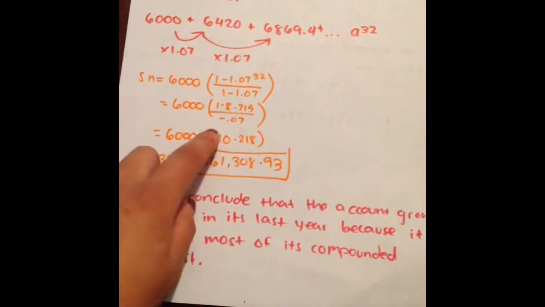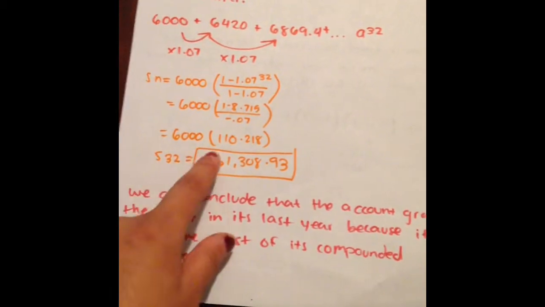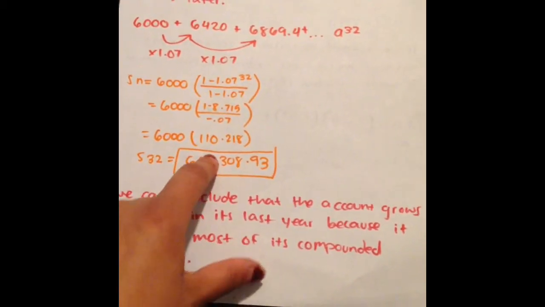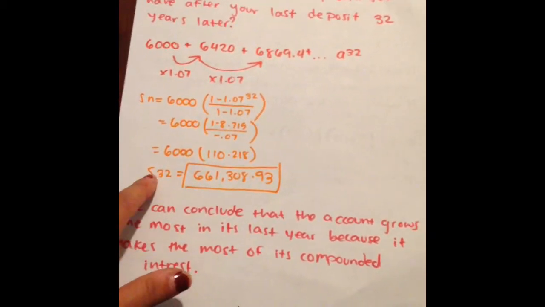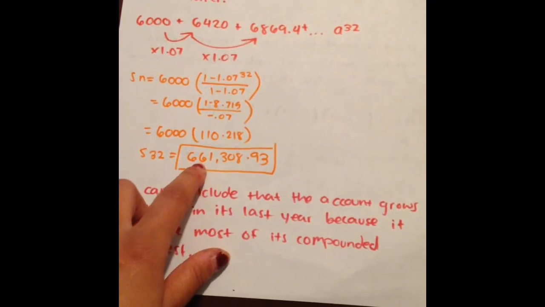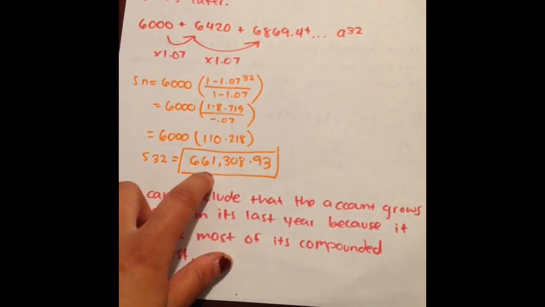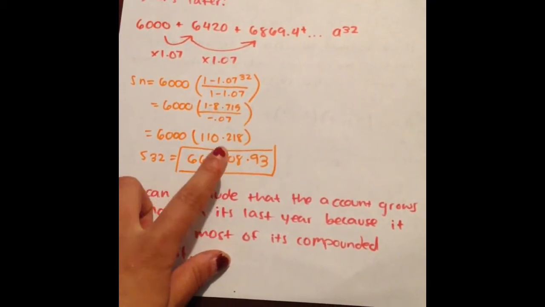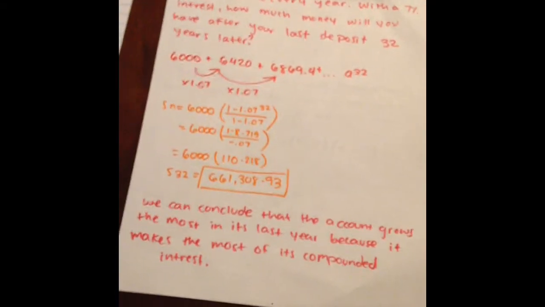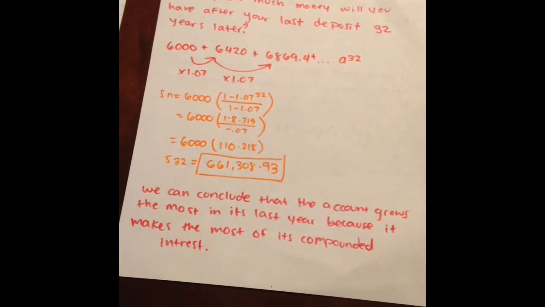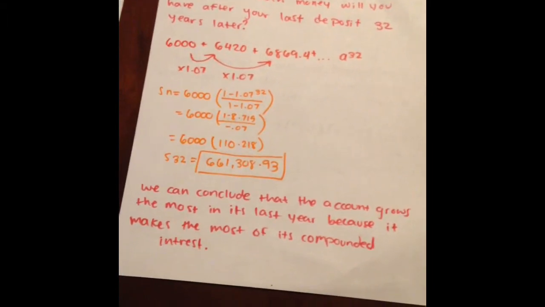And then we just do it, 6,000 times that, S to the 32, because that's what we're trying to figure out. And then we get 6,601,308.93.